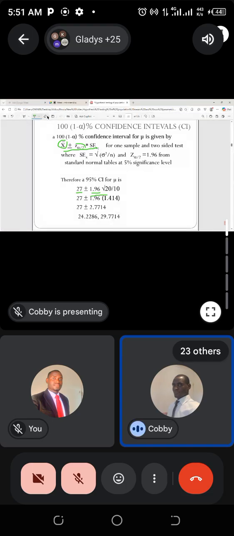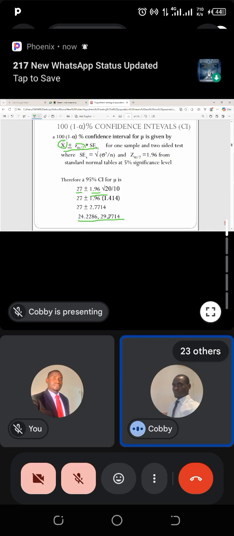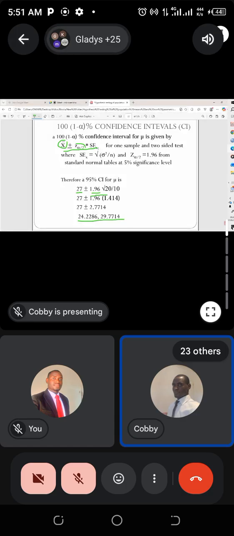Okay, see, it gives you these values here. So when we subtract, we are going to have 24.2286. When we add, we are going to have 29.7714. So you know what this means?